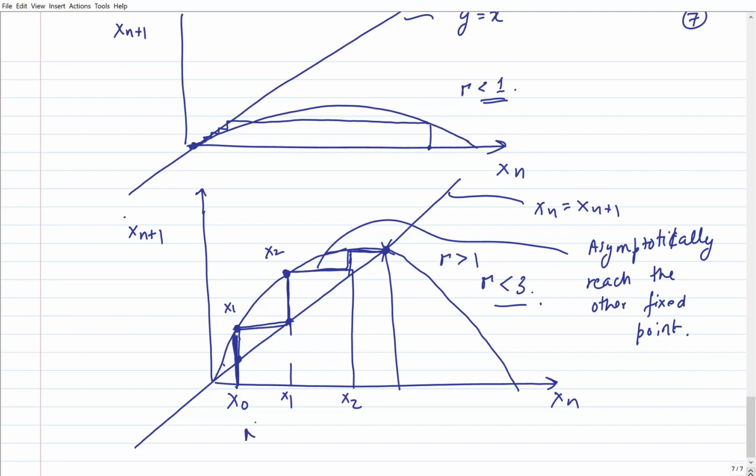So not only do I have one more fixed point in this case, it is stable. So we have both seen it algebraically as well as geometrically what's happening.